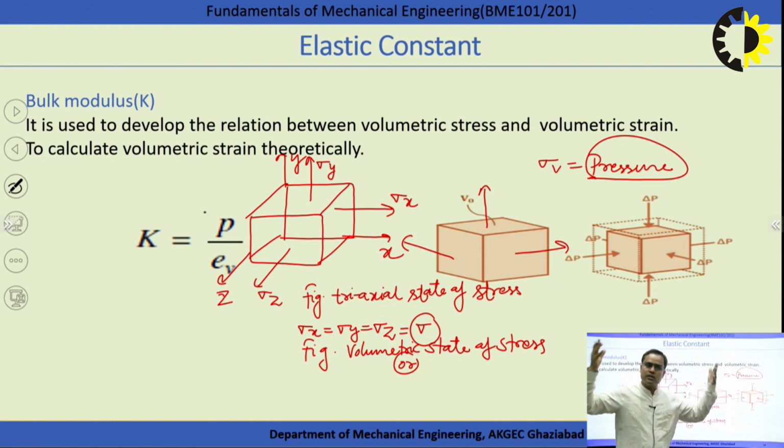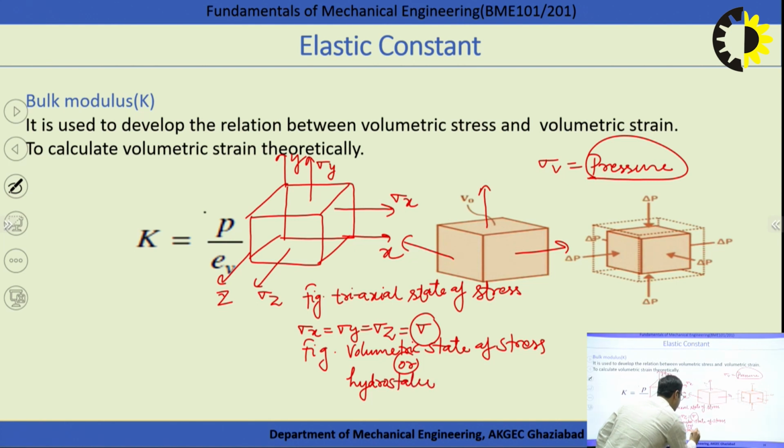If stress is also same in all the directions, that is also known as the volumetric stress. So volumetric stress can be compared with the pressure. So we can also write here hydrostatic state of stress.